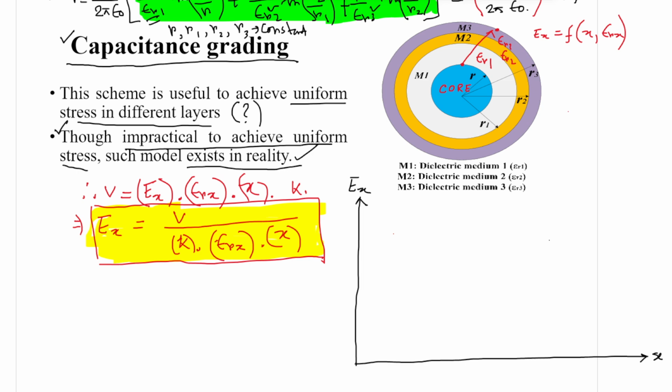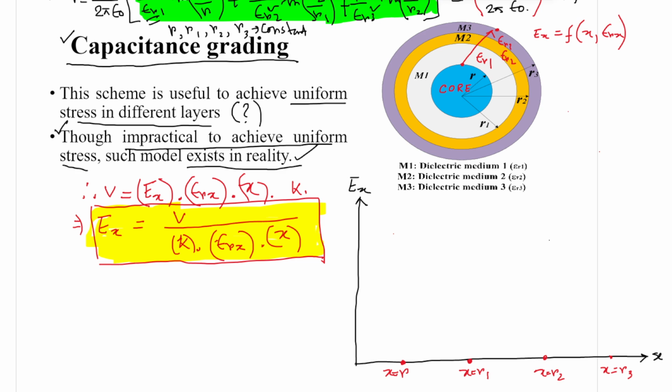We have different levels. At this point, we have x equal to r. At this point, let us say x equal to r1. At this point, x equal to r2, and at this last point, x equal to r3.